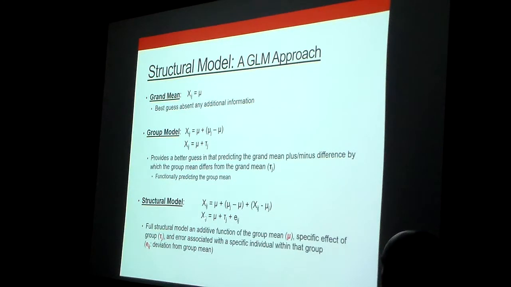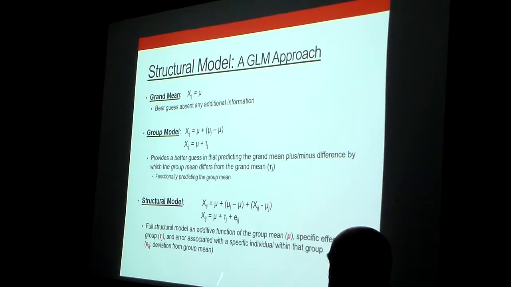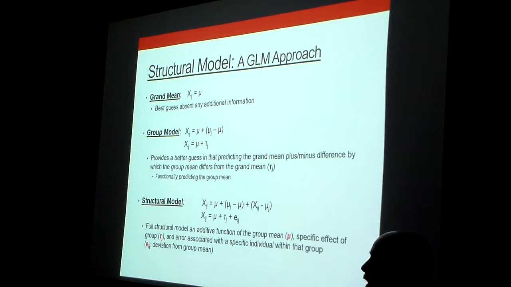Here we've got our grand mean, our specific effect of our group, and then our error term, associated with a specific individual based on their deviation from the group mean. If I take any individual and plug these values in, it's going to give me my specific observed variable there.